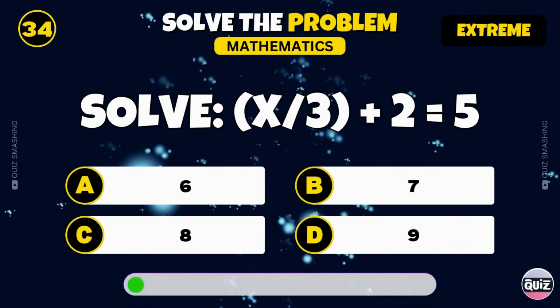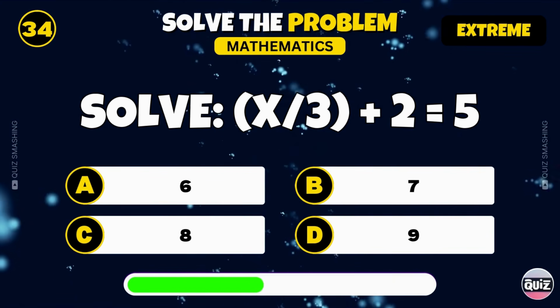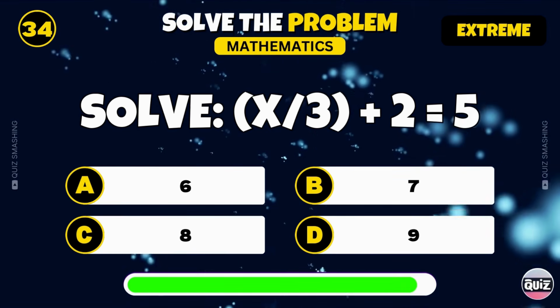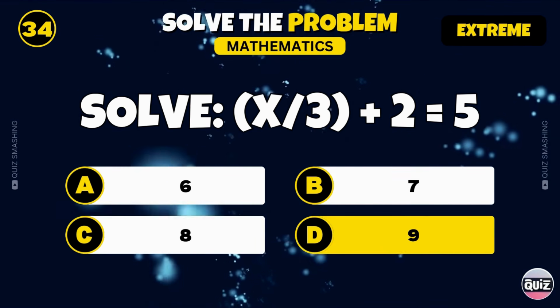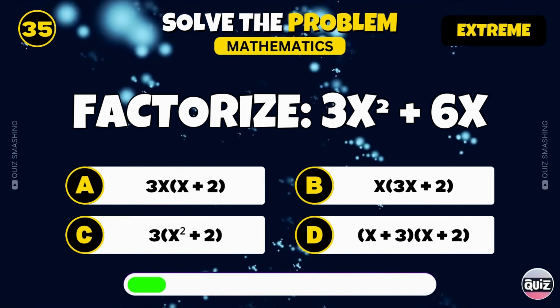Solve x divided by 3 plus 2 equals 5. Good job. x equals 9. Factorize 3x squared plus 6x.